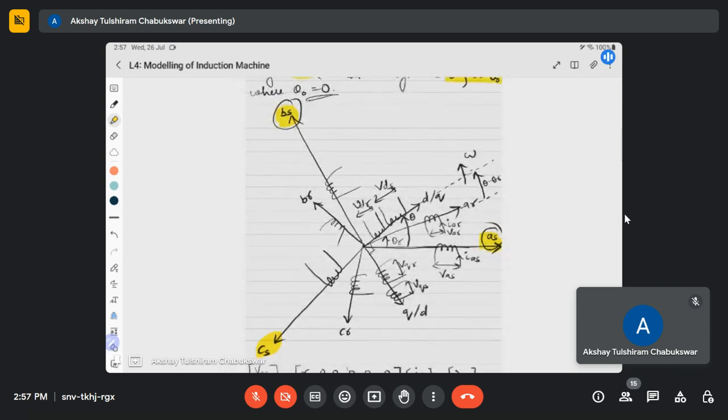Using the primitive motor concept, the induction motor can be assumed as a motor with concentrated winding confined only on these axes, A axis, B axis, or C axis. So you can assume that the distributed winding is a concentrated winding whose flux is confined to these three vectors AS, BS, and CS. This is for the stator only.